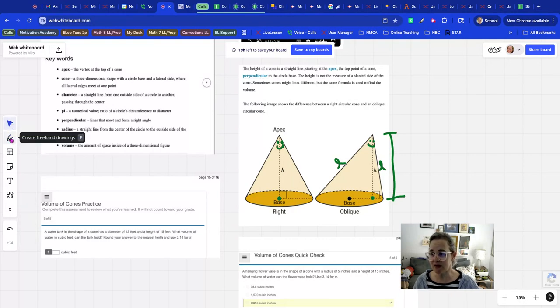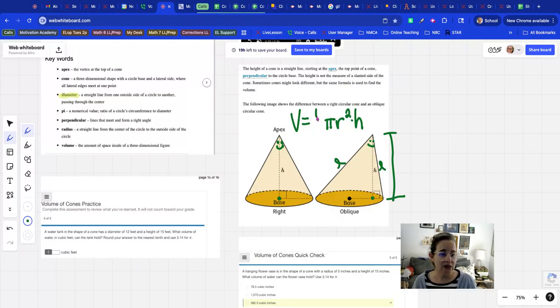We're still going to have the same issue we've had this whole time: are they giving you the diameter? Well, you've got to cut it in half. Formula-wise, the volume is going to equal, again, the cylinder volume, which was the area of the circular base, pi r squared, times the height.